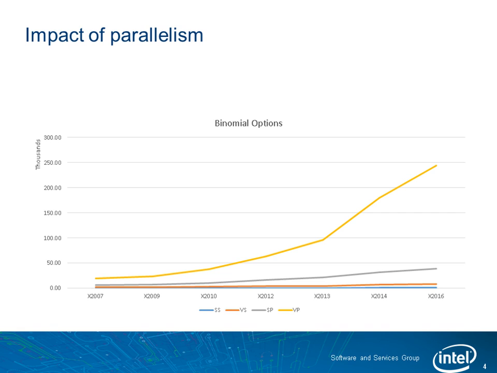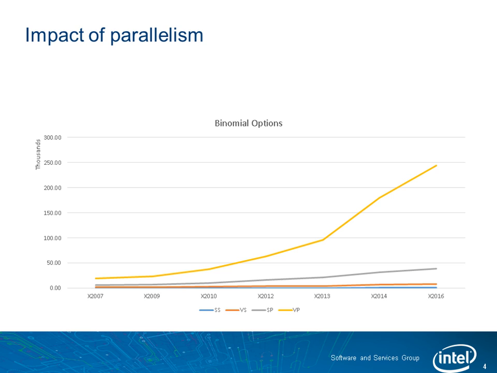The current slide is a chart, and it's showing the performance of the binomial options algorithm. The y-axis is billions of options per second, which means higher is better. The x-axis is the seven recent Xeon server products from Intel, denoted by the year of introduction rather than by their commercial name.